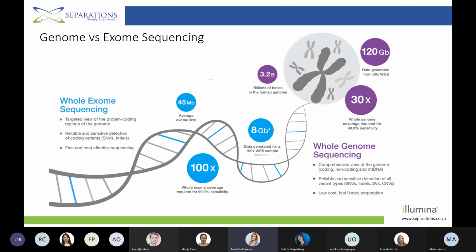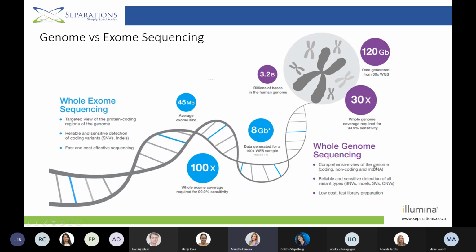So on average, an exome size is about 45 million bases, and if you do that at 100 times coverage, you generate about 8 gigabases of data. Now, if we look at the whole genome of a human, we're looking at approximately 3.2 billion bases. We can cover the whole genome with about 99.9% sensitivity with 30 times coverage, and we generate 120 gigabases of data per sample.